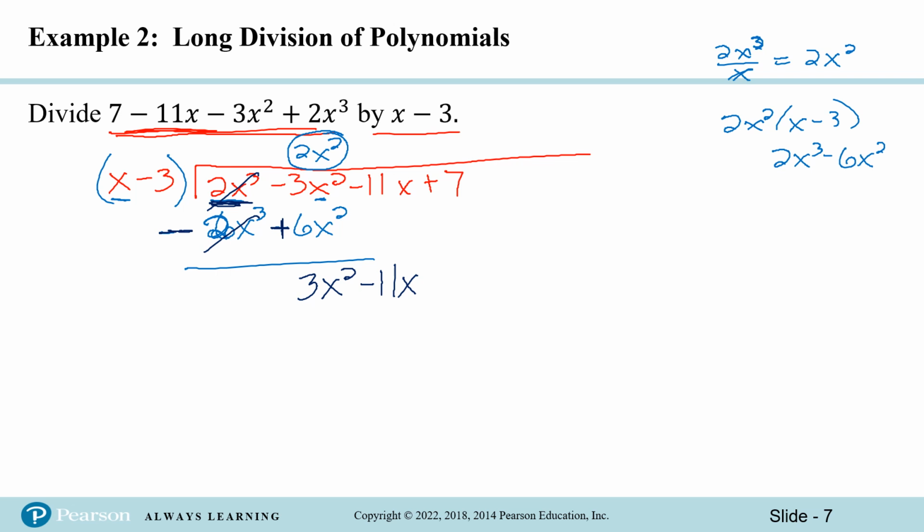Those steps that I just did, I'm going to repeat them over again. So I'm going to take my first term, 3x squared, and divide it by my first term x. My x's will cancel. I have 3x. I'm going to put that on top. Then I'm going to multiply my 3x times my x minus 3.